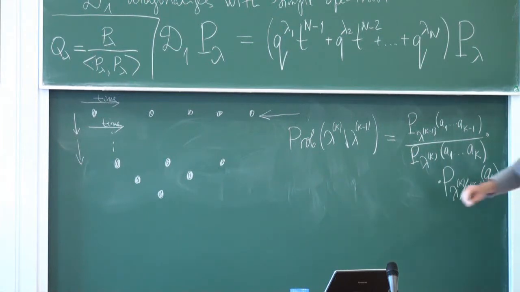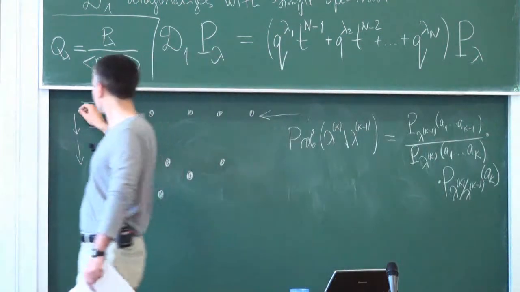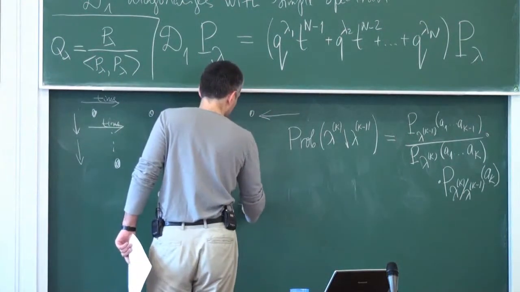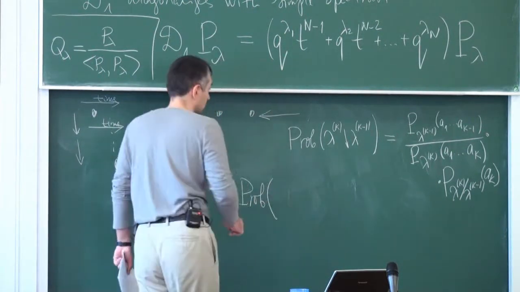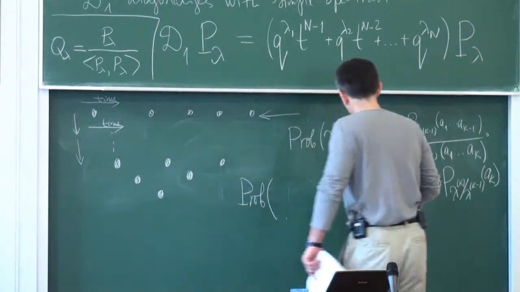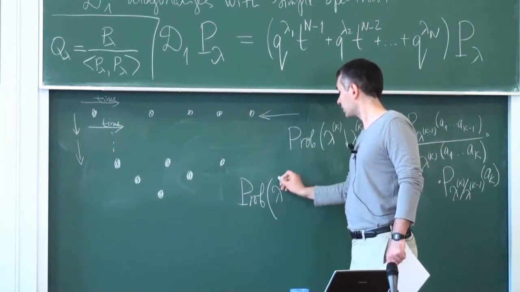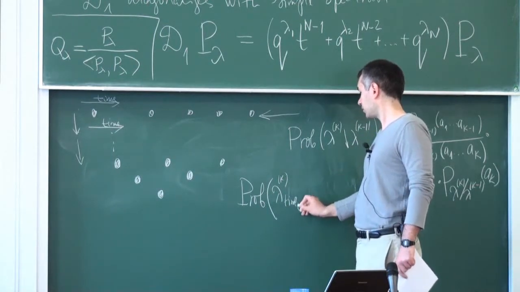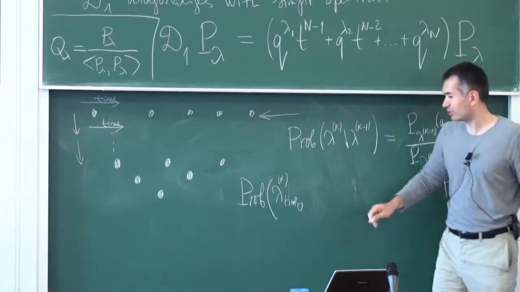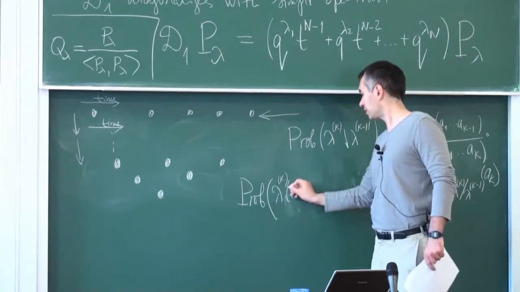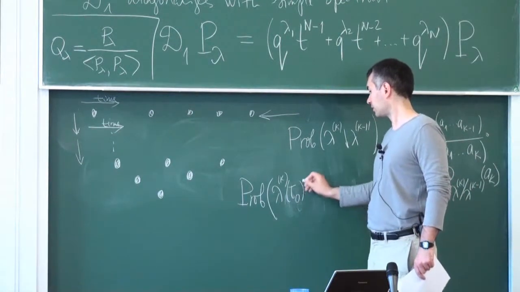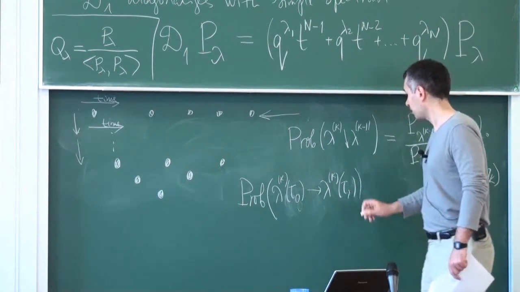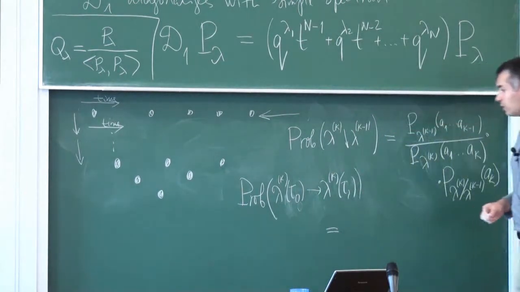So these are the links that go from level n down by 1. And then the probability is the time evolution. So the probability, if I go from lambda k at time tau naught to lambda k at tau 1, then this probability will also have a similar form.